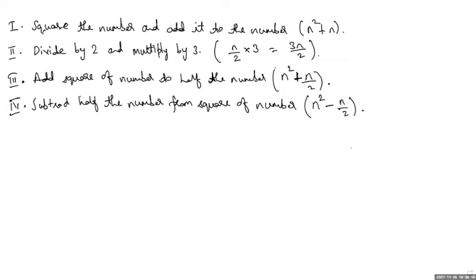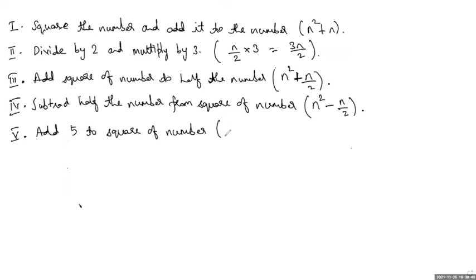Yes, ma'am. Okay. Final last rule, add 5 to square of number. This is very simple. Try this. What will the equation be? Add 5 to square of number. The number is n.